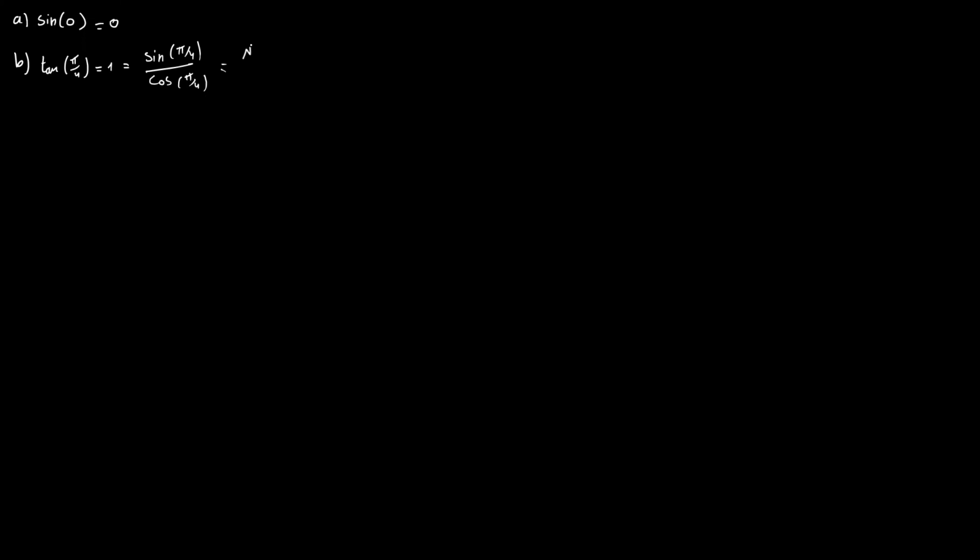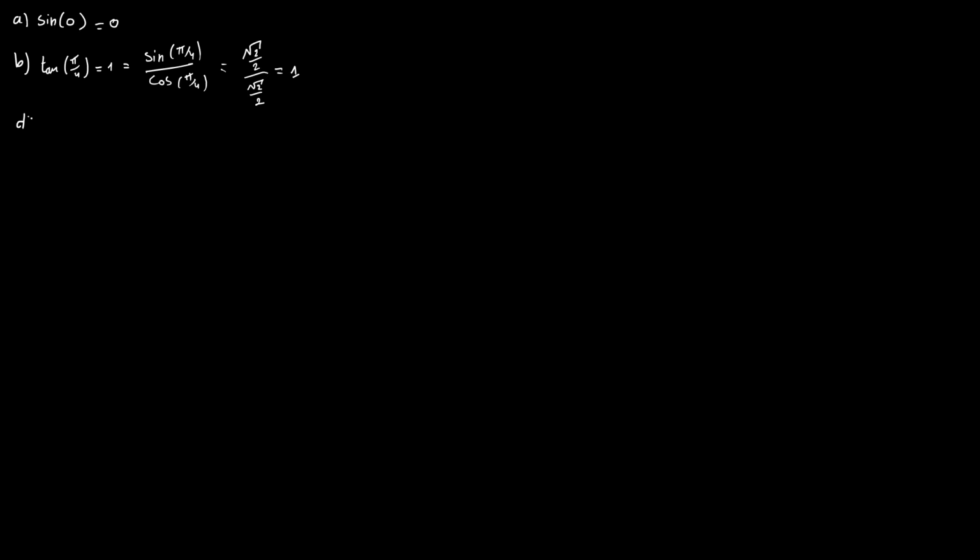So it would be square root 2 over 2 over square root 2 over 2. Which of course ends up being 1 again. You don't have to solve it that way, just to show you that if you have these tangents or cotangents and you don't know how to calculate it back, you can just use the first two lines of your table.